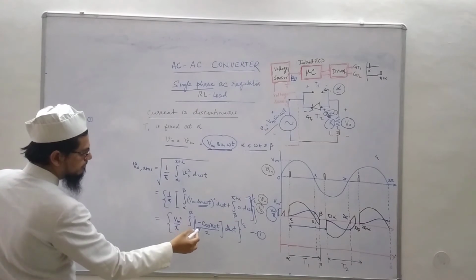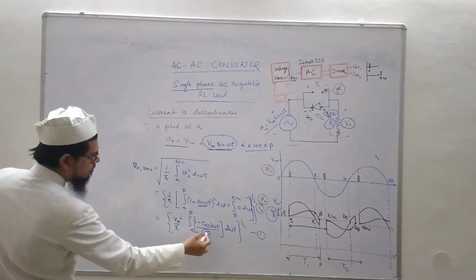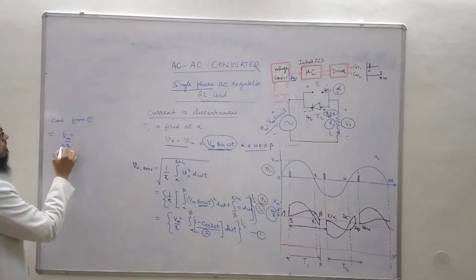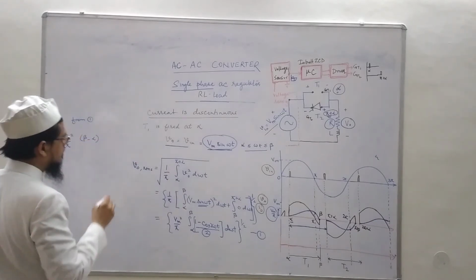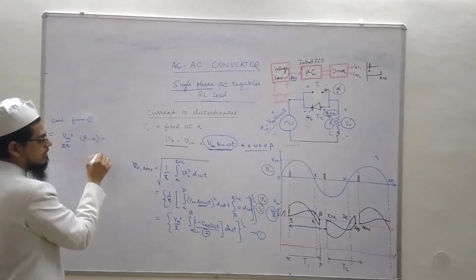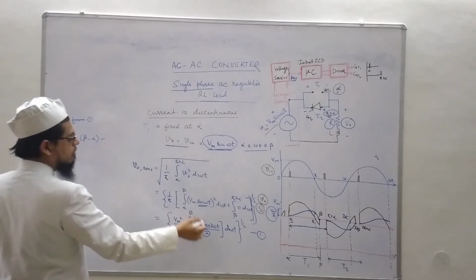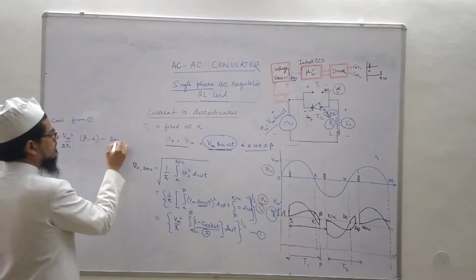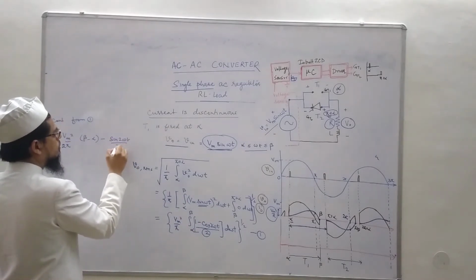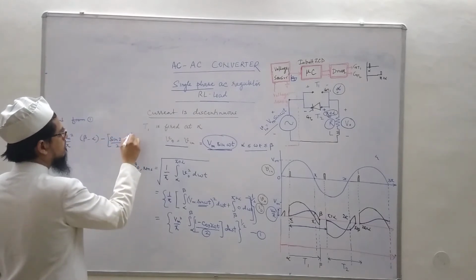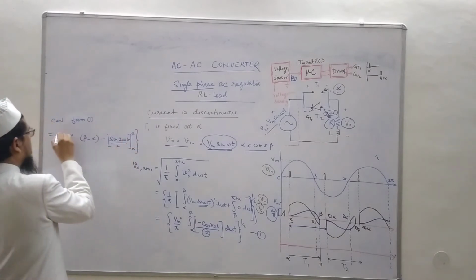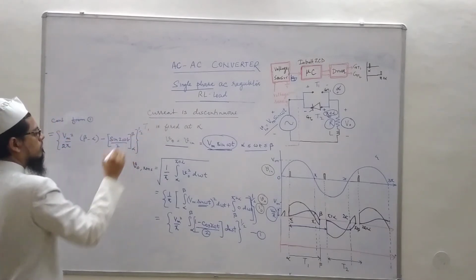Now let me take 2 also outside, so it becomes 2 pi, and integration of 1 will give me beta minus alpha, and then minus, sorry, cos 2 omega t will result in sin 2 omega t by 2, and the limit is from alpha to beta, and this entire thing within the root.